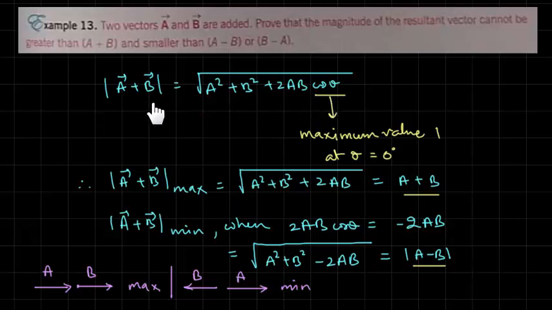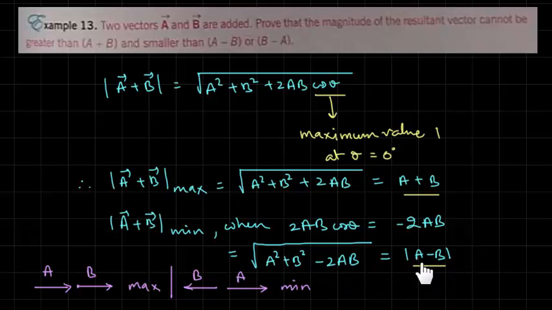For the maximum of a plus b, cos theta will be 1, and for the minimum value of a plus b vector, cos theta will be minus 1. So when cos theta is plus 1, this becomes a square plus b square plus 2ab, which is a plus b, and when it is minus 1, it becomes a square plus b square minus 2ab.